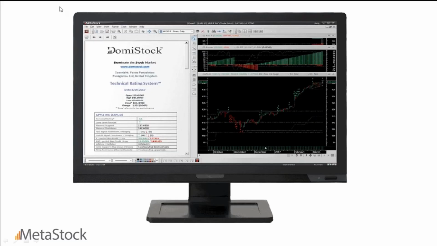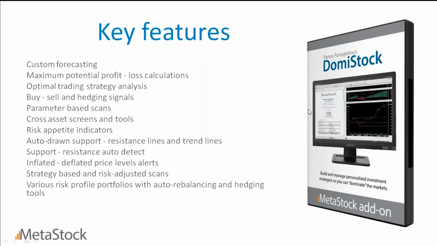Okay, let's do this. I'm going to change the presenter screen back. We do have a special offer that I want to show everybody. Okay, so again, fantastic add-on, very, very big. Some of the key things it can help you do are custom forecasting, maximum profit, maximum loss, trading strategy analysis, and automatic support and resistance. It's huge.